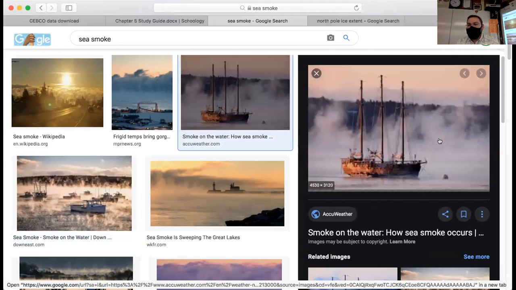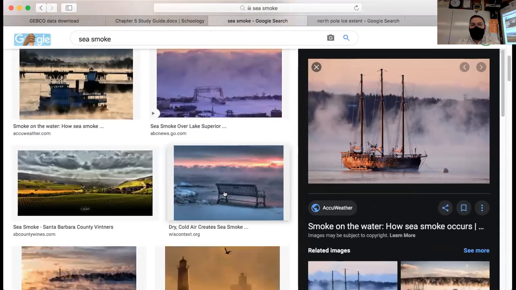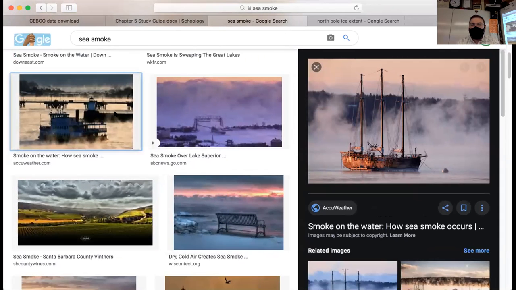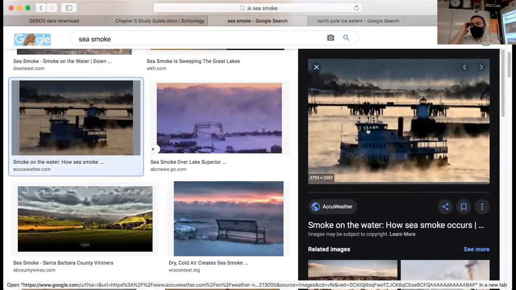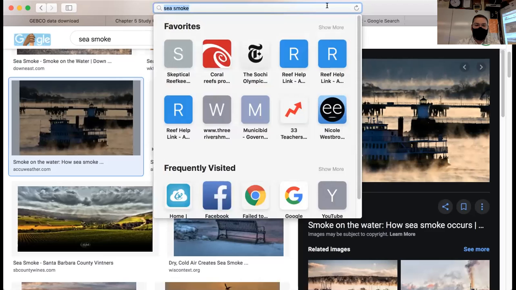The reason they call it sea smoke is that it kind of looks like smoke. It's where very cold air touches very warm water. It's not a usual condition, but it's really typical whenever you have super cold temperatures above really warm water.